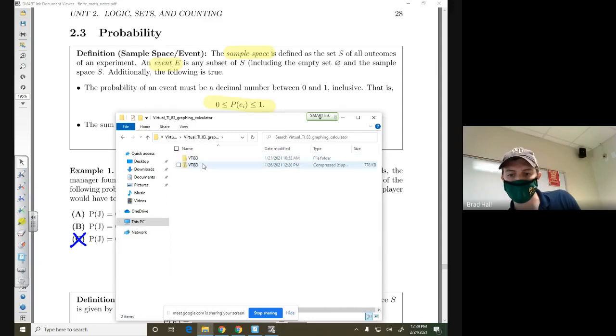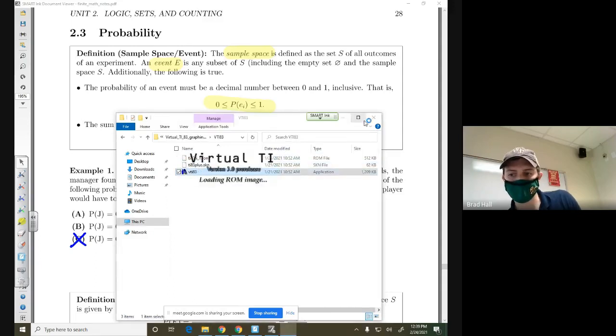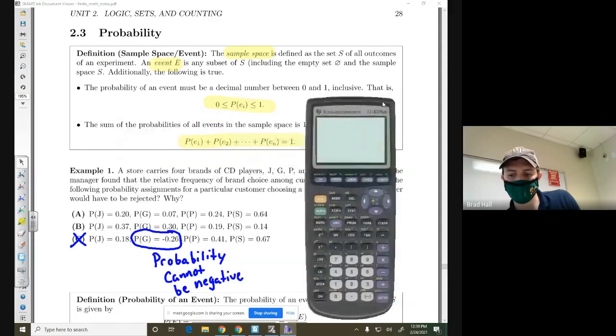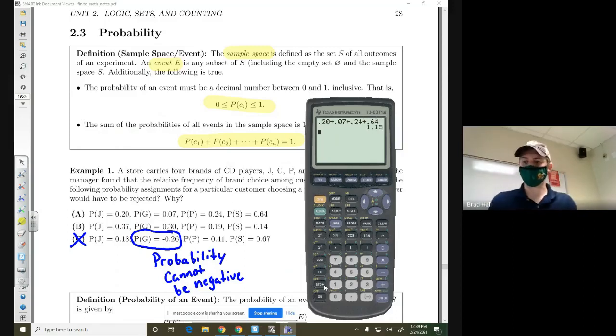So let's pull up the calculator. I'll start with the first list, list A. 0.20 plus 0.07 plus 0.24 plus 0.64. Yikes, we get a number that's larger than 1.